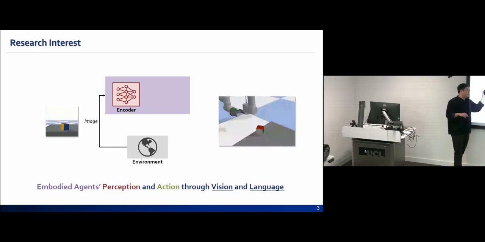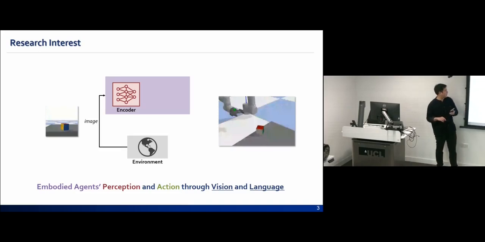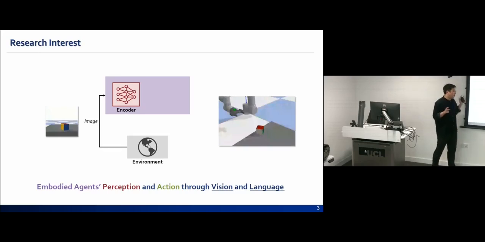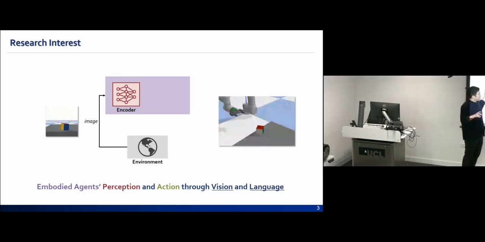For example, if it is 100 by 100 images, then there are 30K pixel values, considering this is an RGB image. So then this image is passed to this encoder so that we can extract some useful information rather than just keeping all the 30K integer values or floating point values, which is called feature.